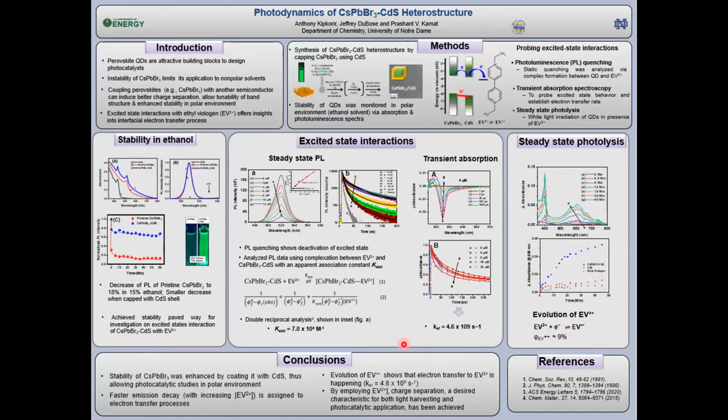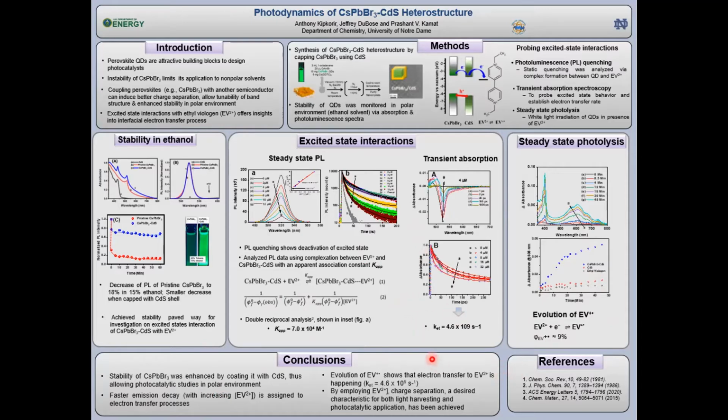So in conclusion, we are able to stabilize cesium lead bromide by coating it with CdS, and this enabled the studies that we undertook. And again, as I mentioned, faster emission decay indicates that we have a new recombination pathway coming up.